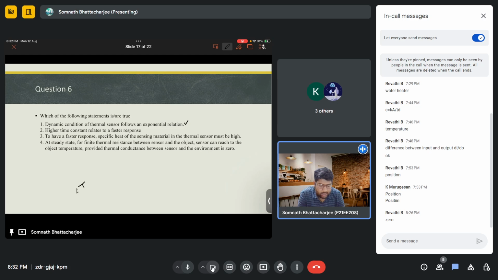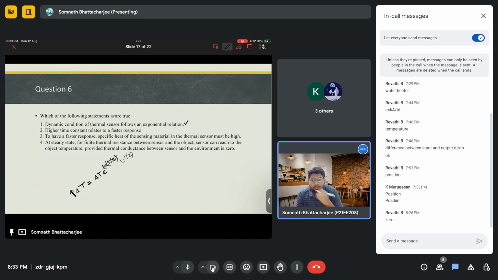The del T is characterized as change in temperature with respect to T by tau. So with the higher time constant, should it give a higher response? Like this value should be a higher value, right?